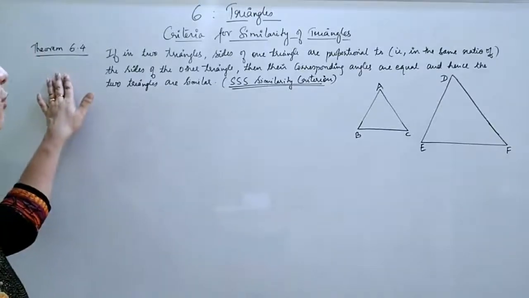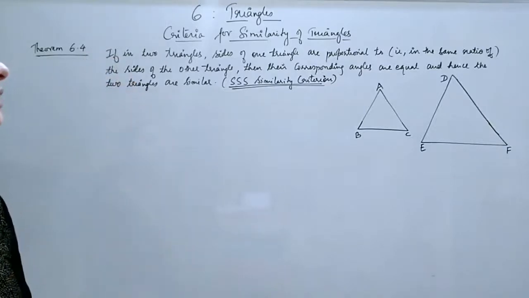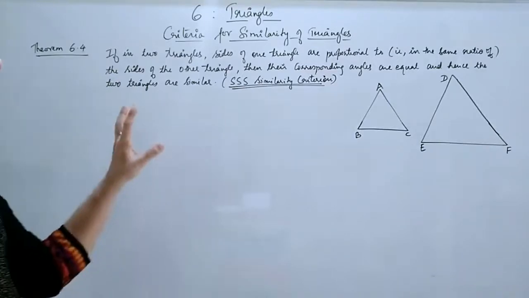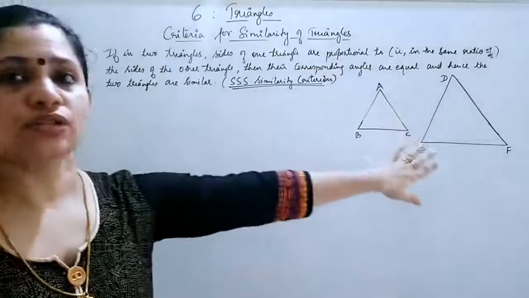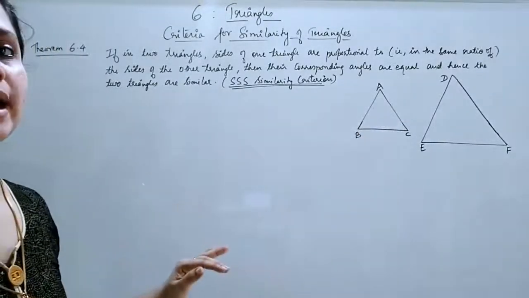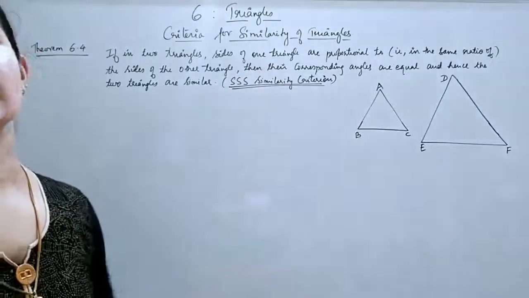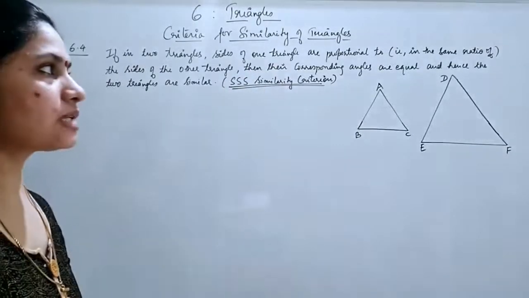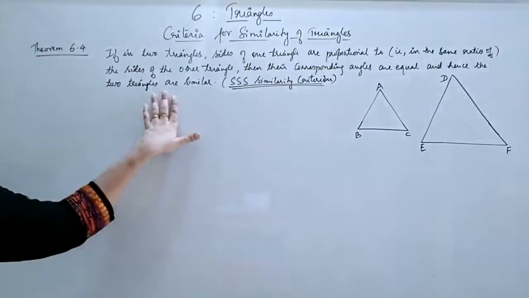Theorem 6.4 is: if in two triangles, sides of one triangle are proportional to the sides of the other triangle, then their corresponding angles are equal and hence the two triangles are similar. That means here the three corresponding sides of two triangles are given to be proportional, and you have to prove that the corresponding angles will be equal, and when that is also satisfied, we can say that the two triangles are similar.